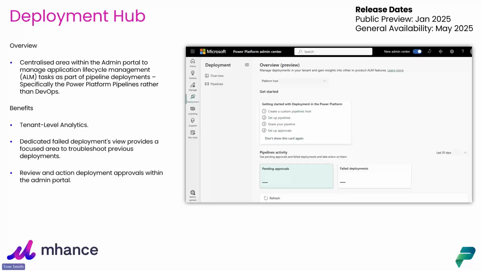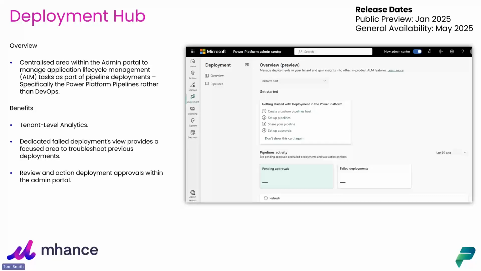So the idea here is this is now fully integrated in the admin center. It's not something you have to control through a certain environment. And the idea here is within the central area, you can see where pipelines have been run, where you've had a solution deployed from UAT to production. You can see if it's failed and if you've got any pending approvals as well, all within that central view.